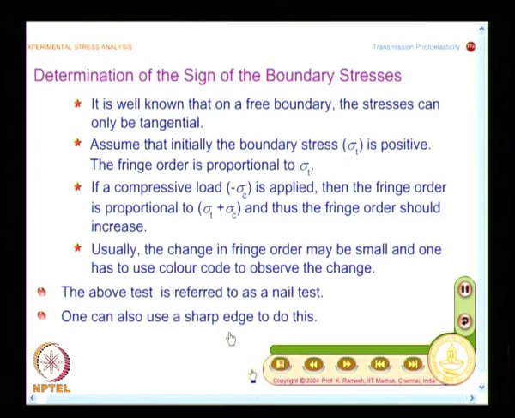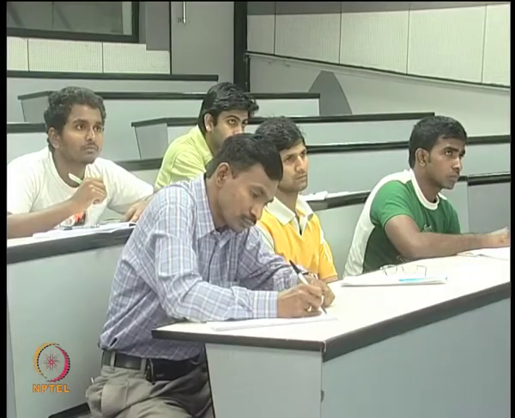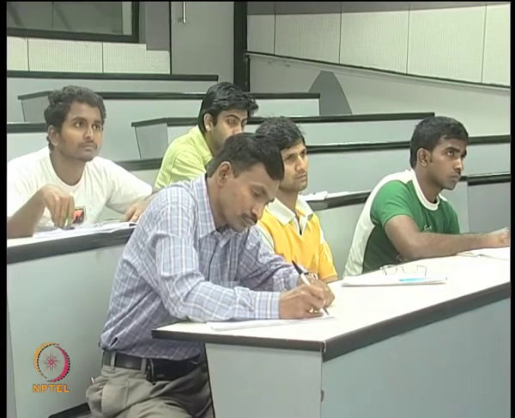But we can also think of other ways to do it. Once you understand the principle, we have already seen what a Babinet-Soleil compensator is. We put a compensator after the model and added or subtracted compensation. In a similar fashion, I can use an external member to assist in this kind of test, and that is what we will see now.